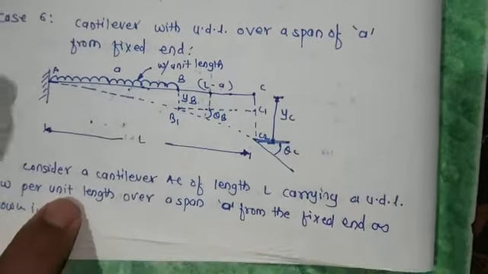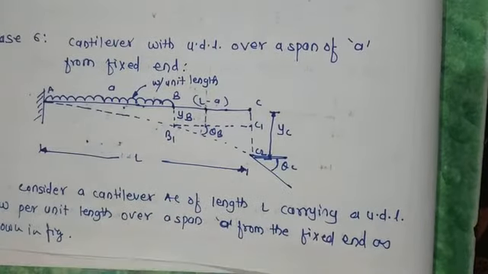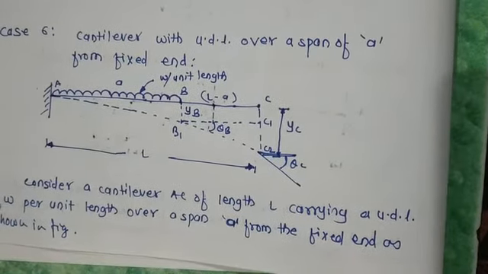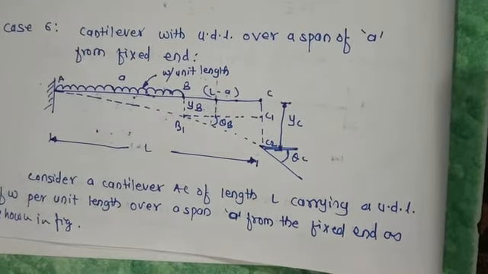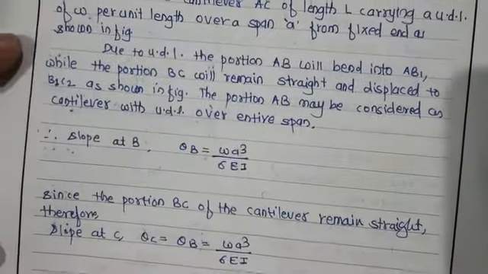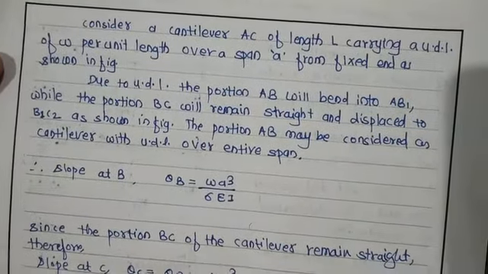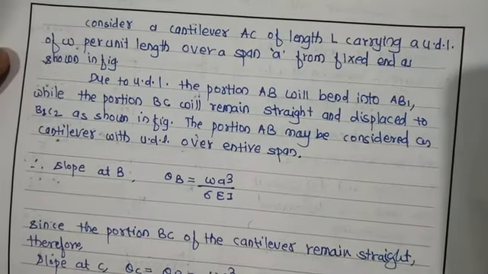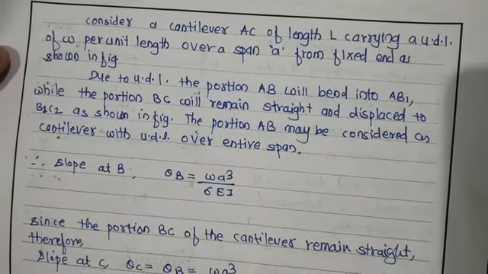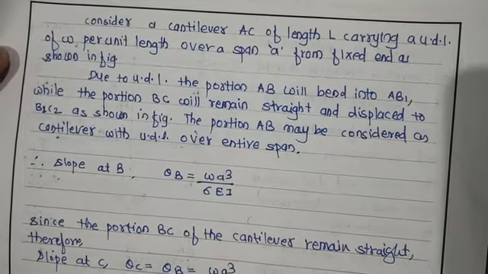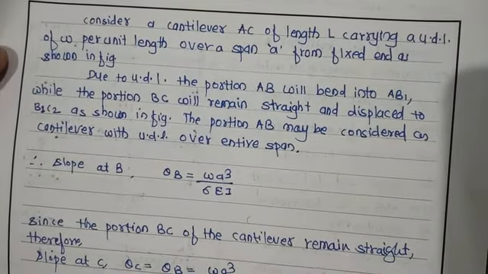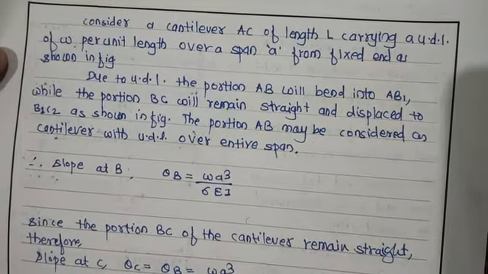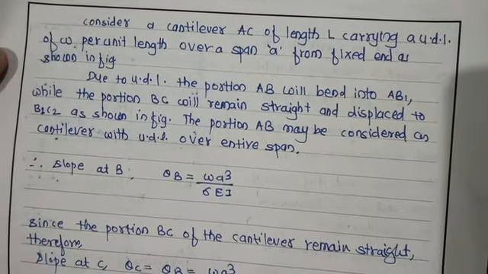Consider a cantilever AC of length L carrying a UDL of W per unit length over a span A from the fixed end as shown in the figure. Due to the UDL, the portion AB will bend into AB1, while the portion BC will remain straight and be displaced to B1C1 as shown in the figure.